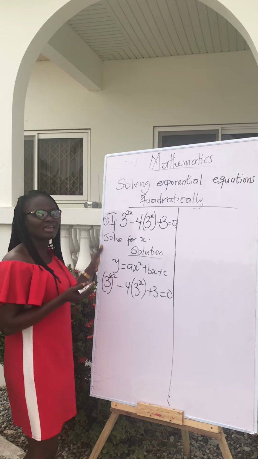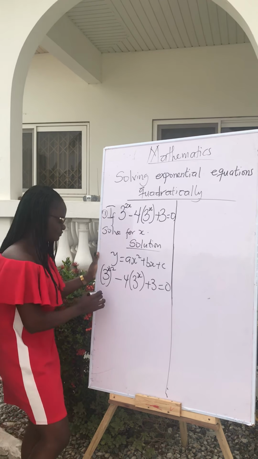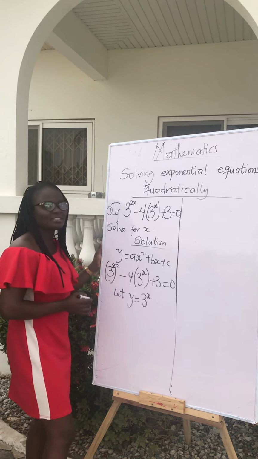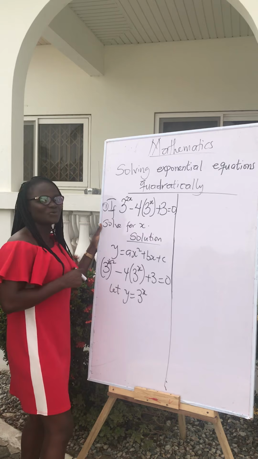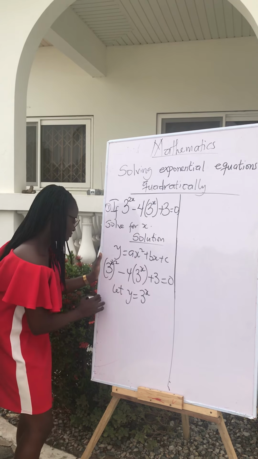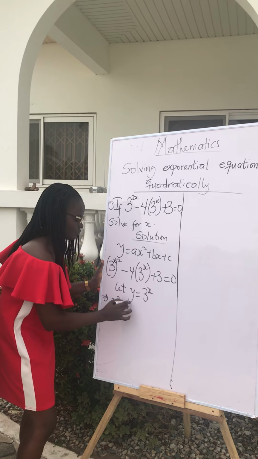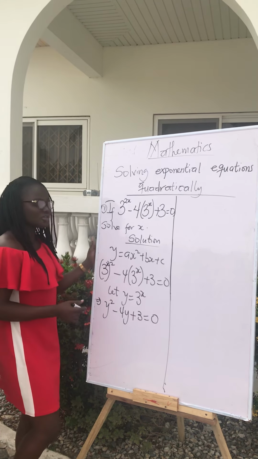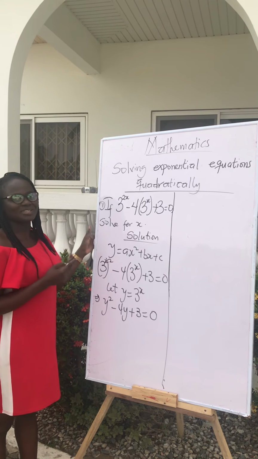So I'm going to say that let y be 3 exponent x. It means that wherever we see 3 exponent x, we put y. You can use any variable of your choice.